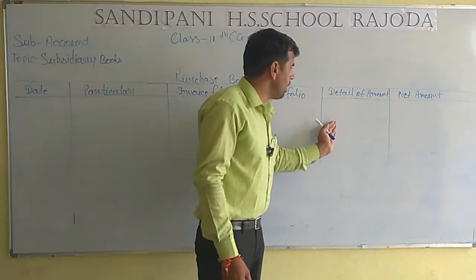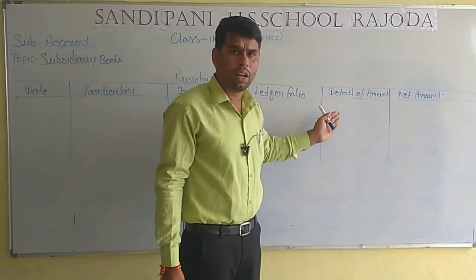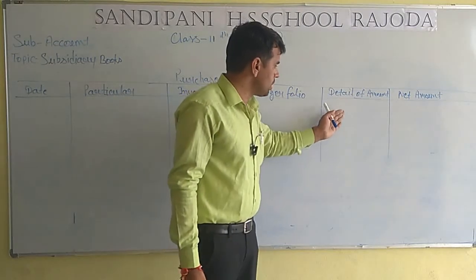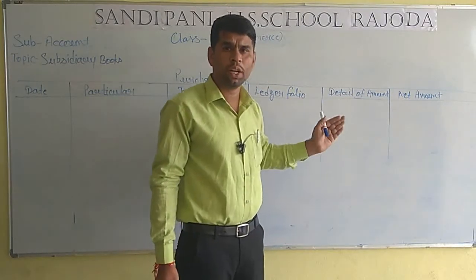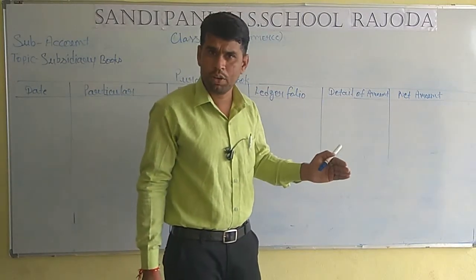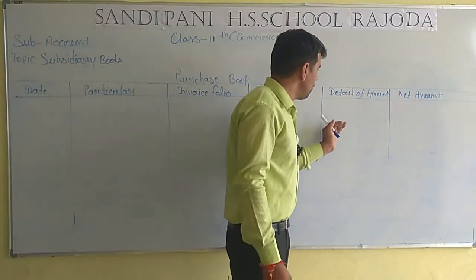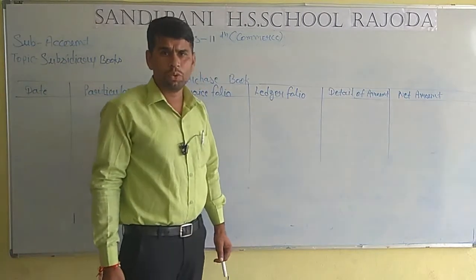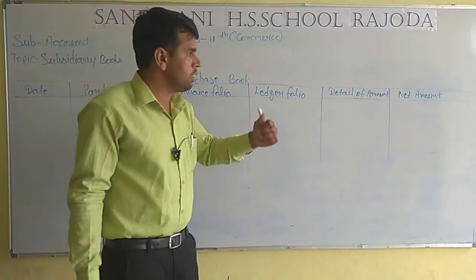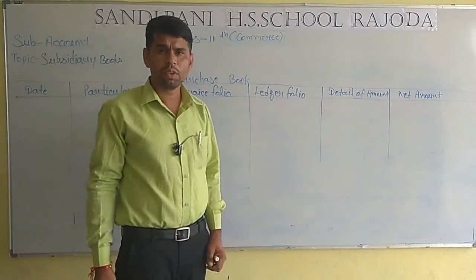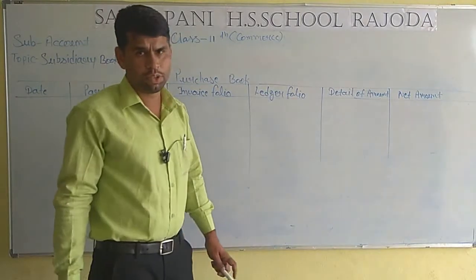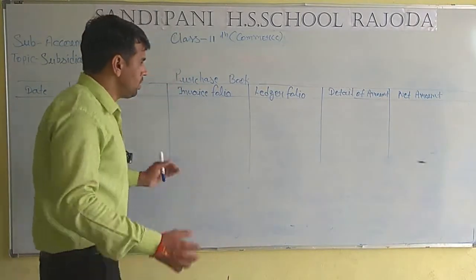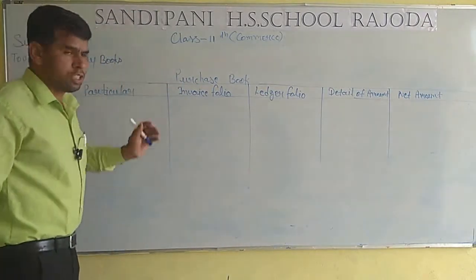Then we will draw the detail amount column, where we write the detail amount. Then we will draw the net amount column. In this last column we will write the net amount. In this format we have to make the purchase book.